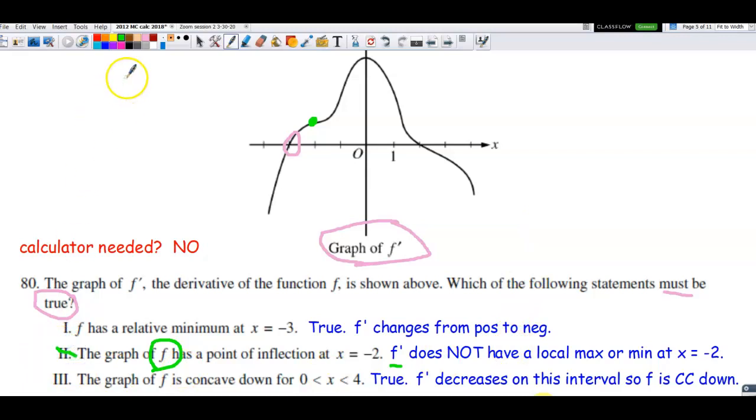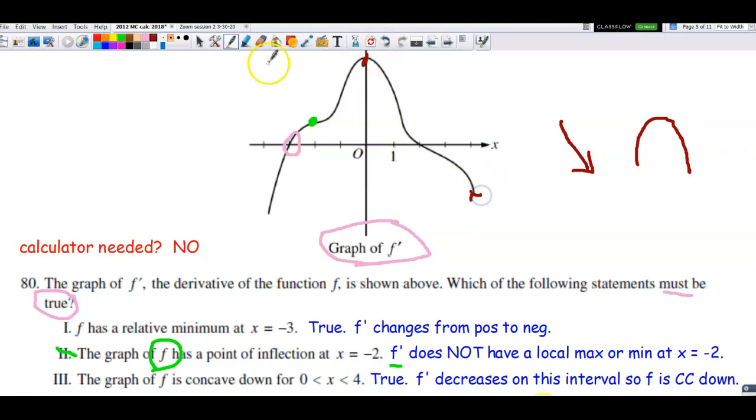And number 3, the graph of f original is concave down. Remember, this is the graph of the first derivative, so the first derivative must be decreasing in order for the original function to be concave down. So we go from 0 to 4, so 0 is here, and 4 is here.